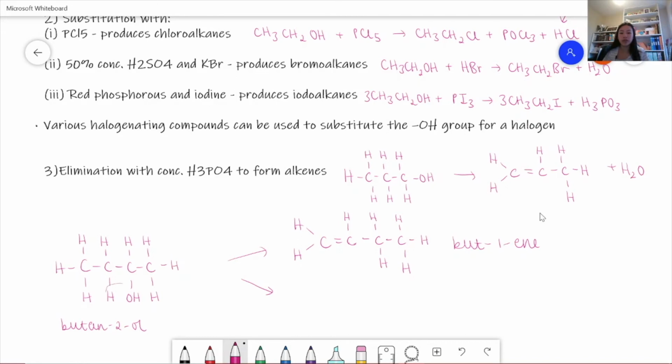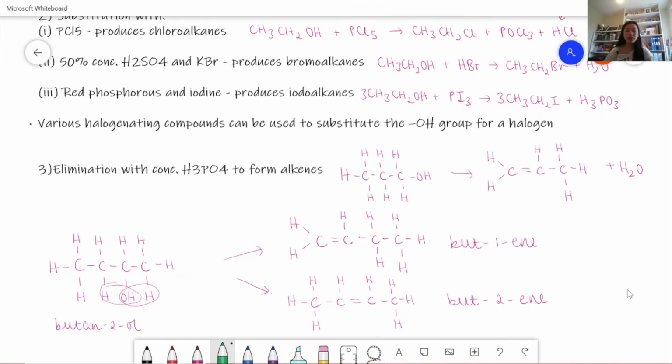So we can remove the water like this, or we can remove it like this. And so the double bond could be formed in a different place as well. So this time we'd have 3 hydrogens, and then carbon with another 2 hydrogens, then a double bond, carbon, then a hydrogen, and then a CH3. So this would be but-2-ene.